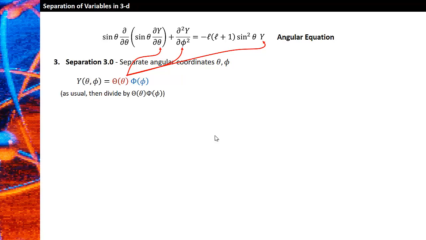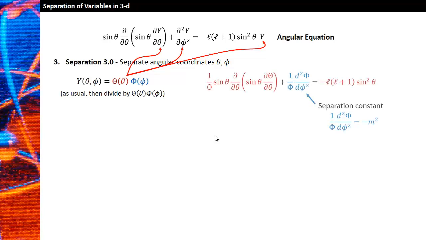And then, as usual, we'll divide by theta times phi. This is the usual story in separation of variables. And then we will get two equations for theta and phi separately that we can then solve as ordinary differential equations.